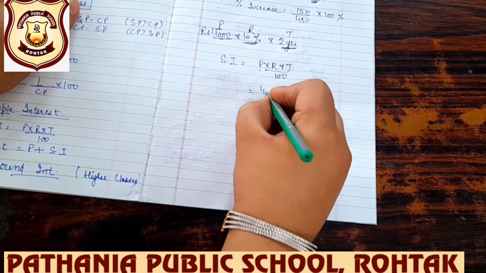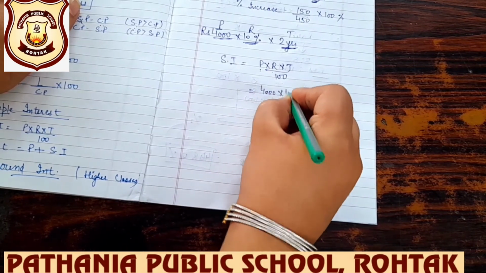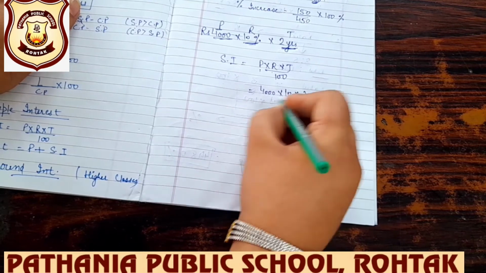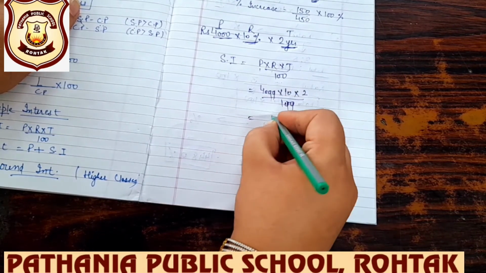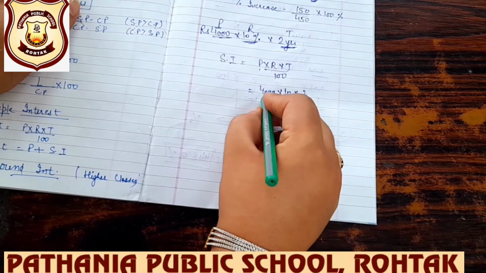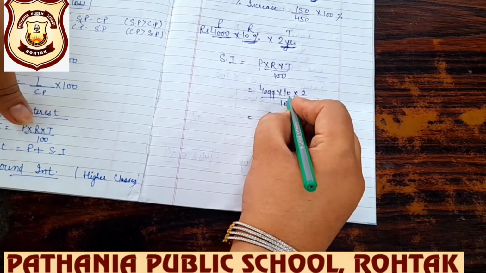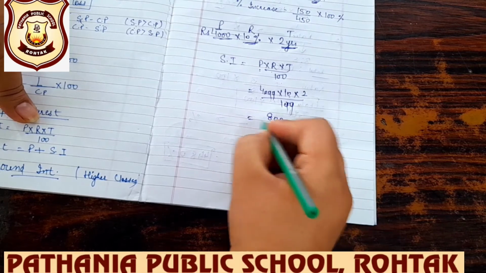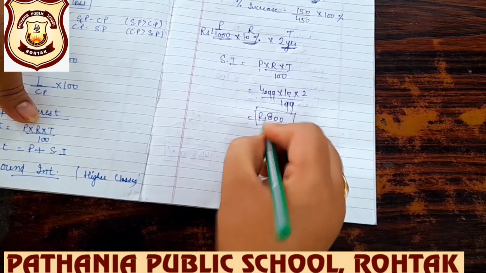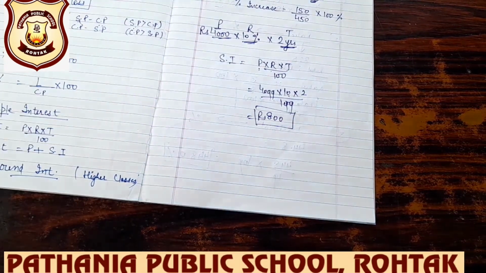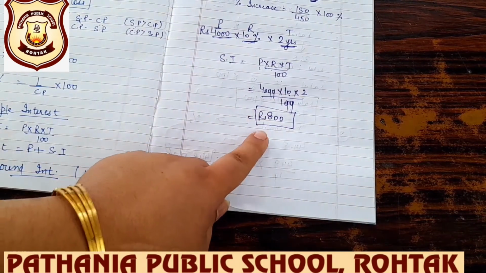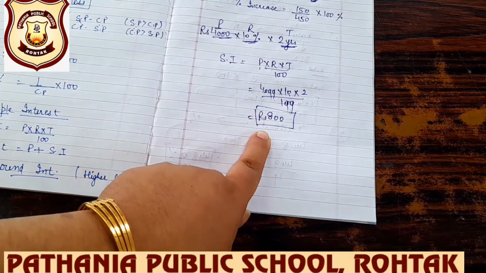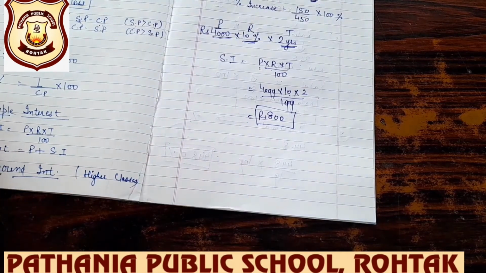So principal here is 4,000, rate is 10% and time is 2 years. So you will get 40 multiplied by 10 is 400, multiplied by 2 is 800. You will get rupees 800 for 2 years. This is your interest, or you can say simple interest.